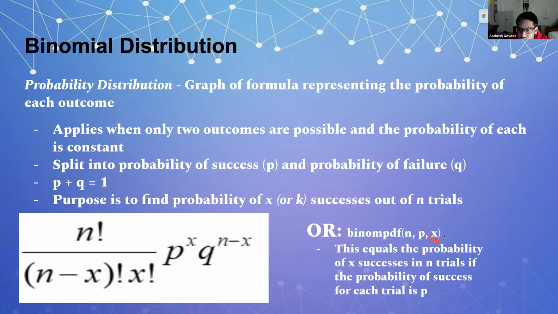And then we want to calculate the chance of us getting 3 heads out of those 5 flips. So that means X is 3 because that's the value that we're looking at. So binomPDF(5, 0.5, 3) would be the probability of getting 3 heads if we flip a coin 5 times.